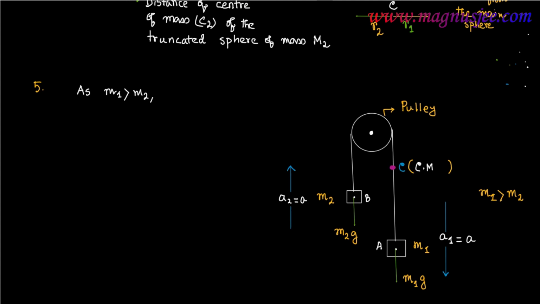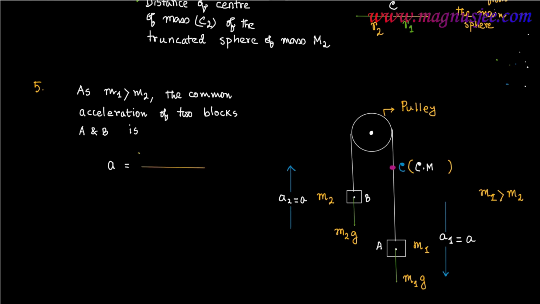As M1 is greater than M2, the common acceleration of the two blocks A and B is given by A equal to M1 minus M2 divided by M1 plus M2, into g.